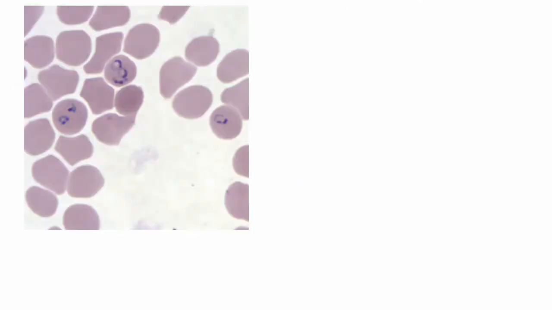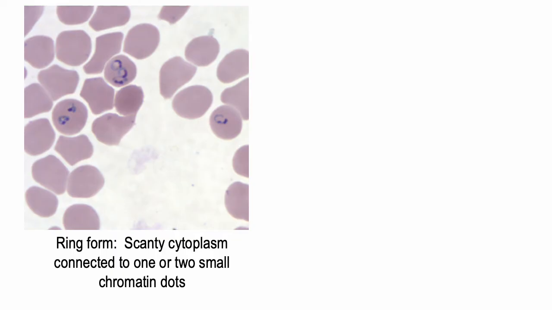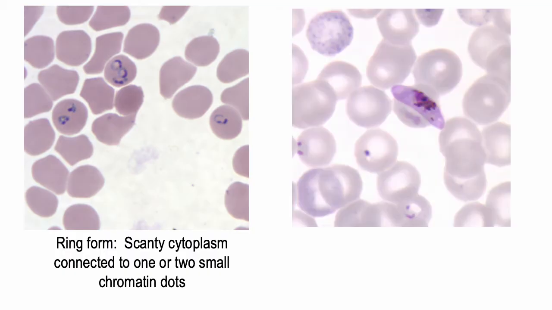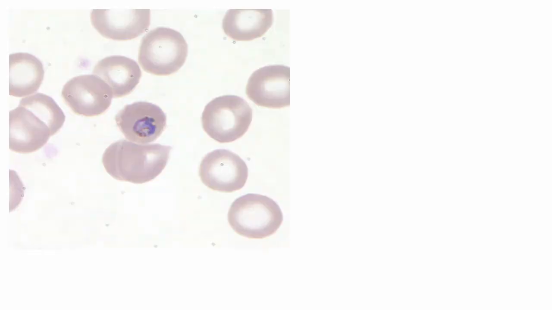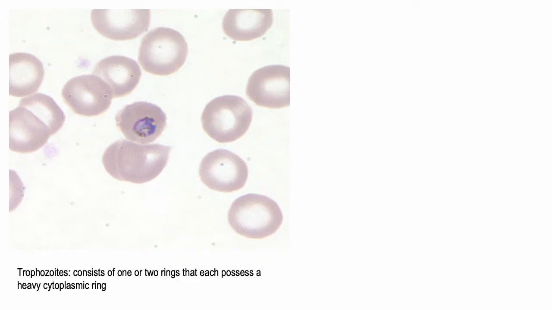So here is a picture of your rings, or ring forms, of Plasmodium falciparum in a thin blood smear. While for the gametocytes, the crescent or sausage shape appearance is diagnostic for Plasmodium falciparum. Here is a trophozoite of your Plasmodium falciparum.